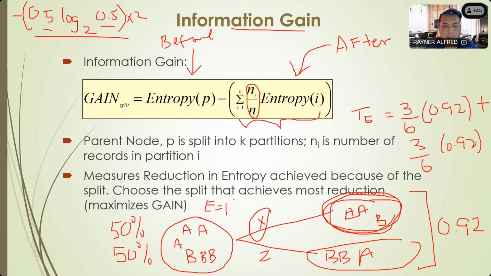So if we compare, okay, this is before we split, this is after we split. So what is the information gain? How much information gain do we have? So the initial one, before we do the splitting, is 1 minus 0.92. So the information gain is 0.08.